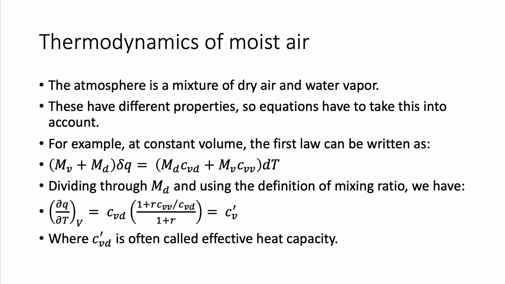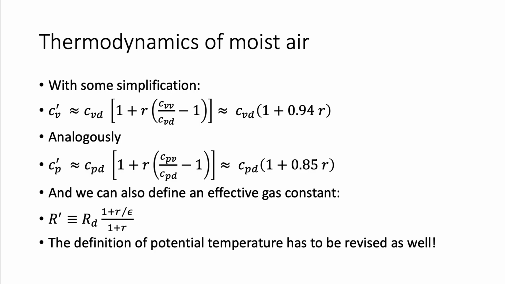Equivalently, if you divide by the volume, you can also define it in terms of mixing ratios, because sometimes that's simpler. Okay. This, I believe, is a typo. Yeah. So effective heat capacity would be a way to define it.